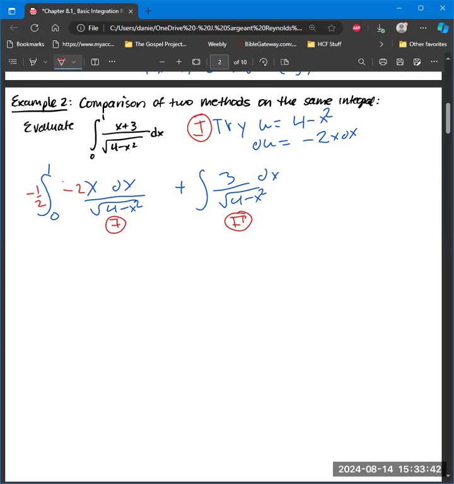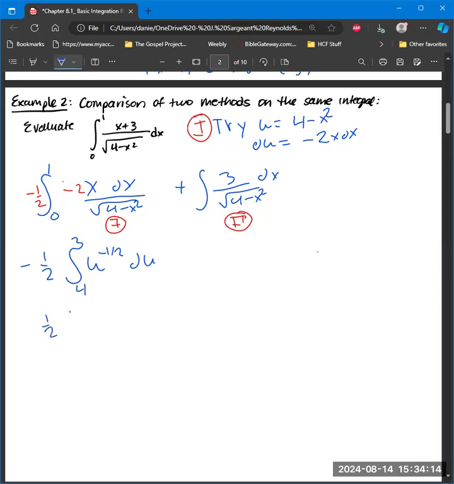So let's finish up with integral 1. We have negative 1/2 of u to the negative 1/2 du. And if we stick in 0 here, we get 4. If we stick in 1 there, we get 3. And our limits are upside down, so we need to switch them and change the sign here.